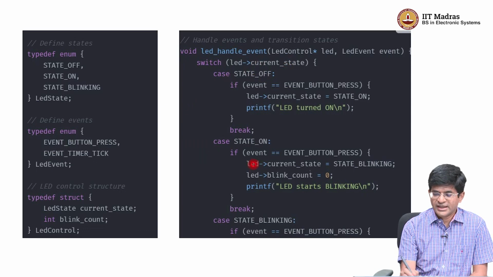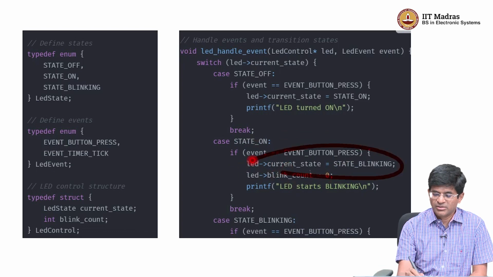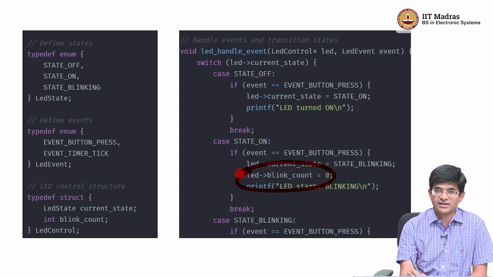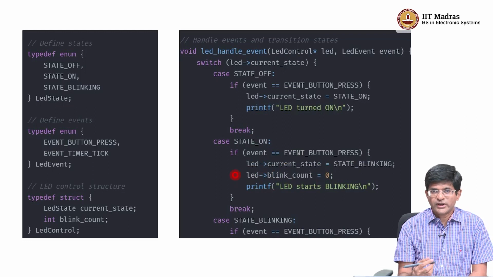If a button is pressed, go into the blinking state and initialize the blink count to 0, ready to count up to 5 and then get out after that. So as you can see, the states that we drew in the state diagram literally translate very easily into cases in a switch case statement. So even writing this code and compiling it can result in very efficient implementations.